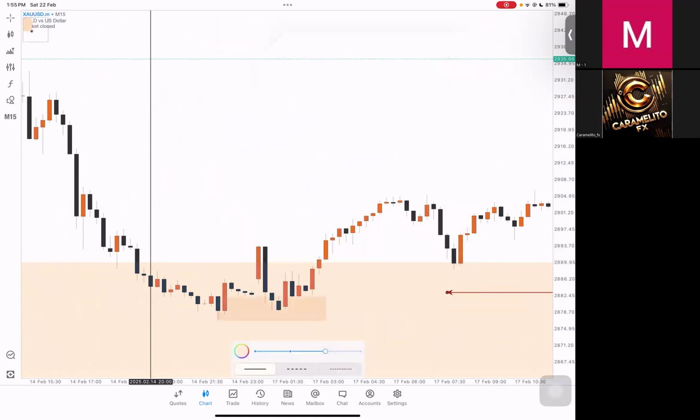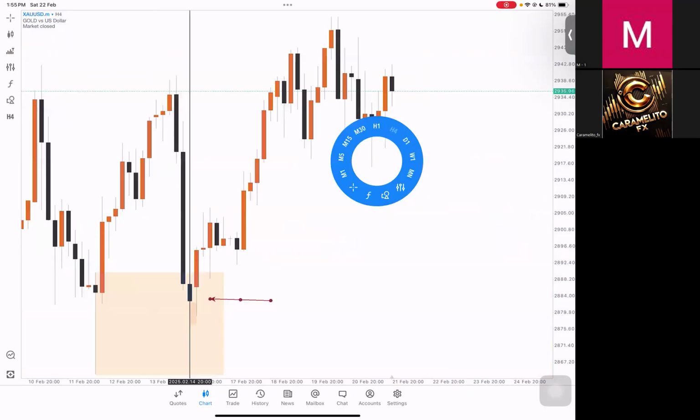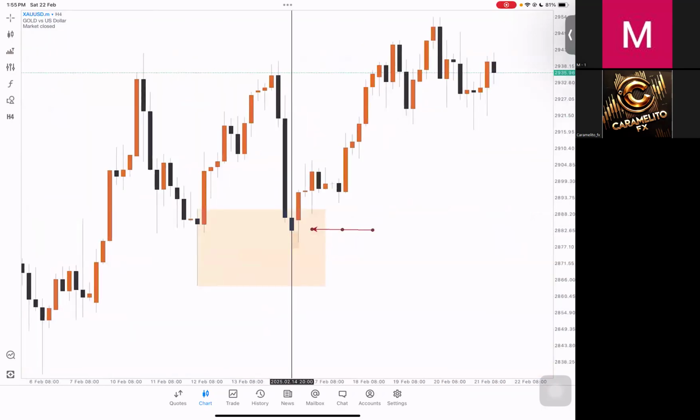Perfect structure or not for engulf to engulf? Yes, perfect. Sorry, can I ask a small question? So we will wait until the H4 candle closes at the zone, right? Correct. You wait for H4 to close the candle inside the zone first.